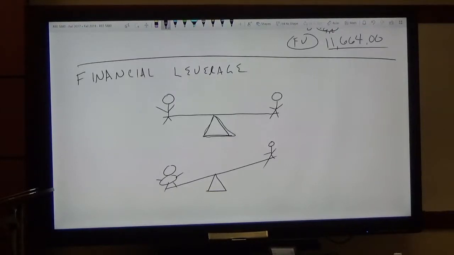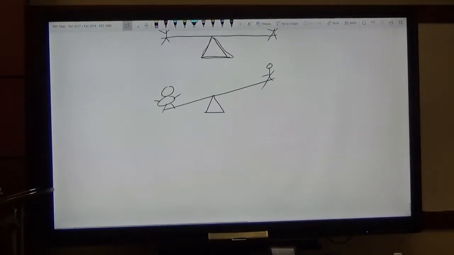But you could also lever things, and in essence, the little kid down here could end up lifting the big kid very easily. Does that make sense? In other words, that would be leverage.